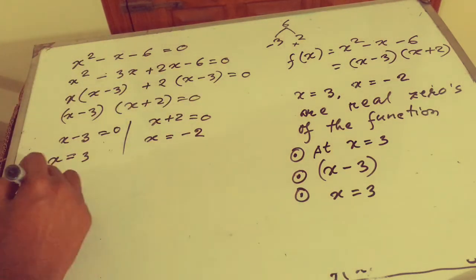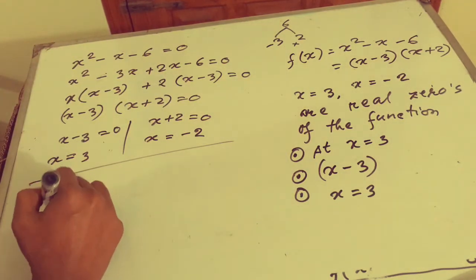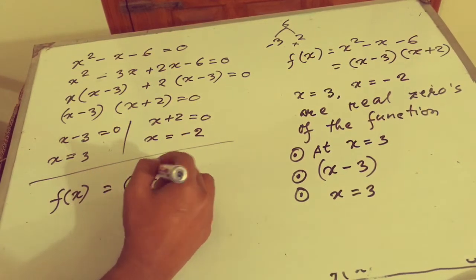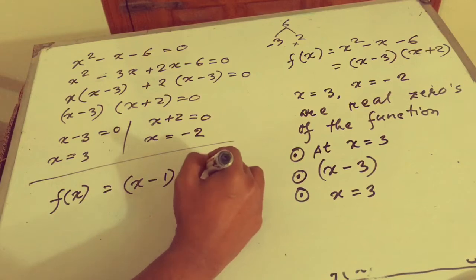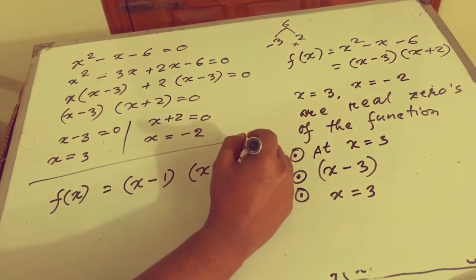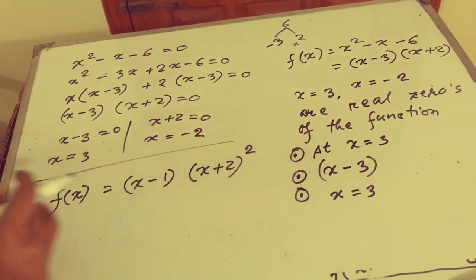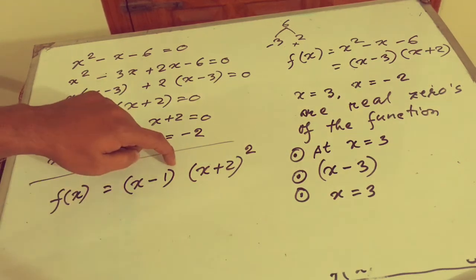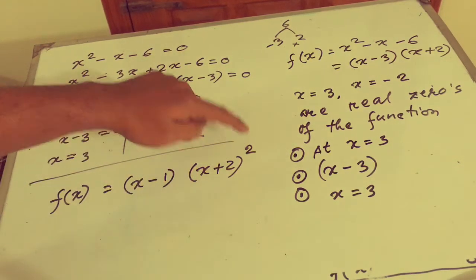Let me write one example where multiplicity is different. Suppose some new function, something like x minus 1, then x plus 2 whole squared. This is some new function. In this case, multiplicity is 1, in this case multiplicity is 2.